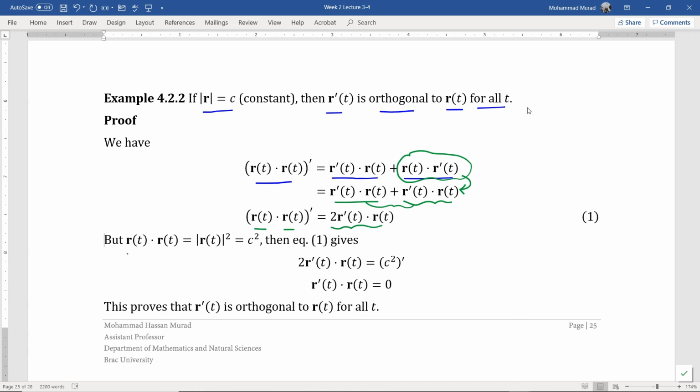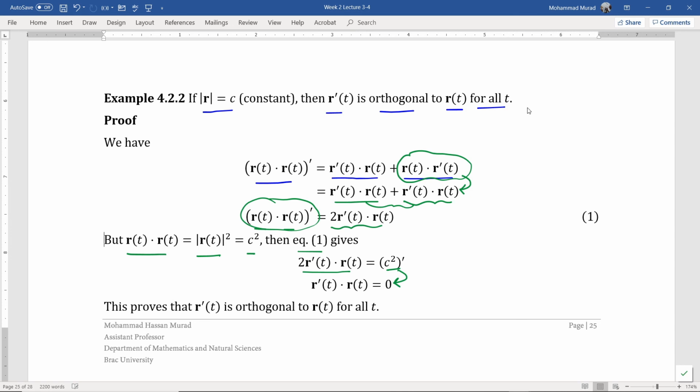But R of t dot R of t equals the square of the magnitude of the vector R, which is equal to c squared by the hypothesis. Then equation 1 gives: the right hand side is put into the left hand side here, and the left hand side here is replaced by the derivative of c squared, which is simply 0.